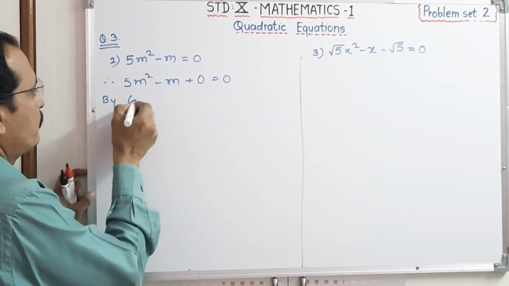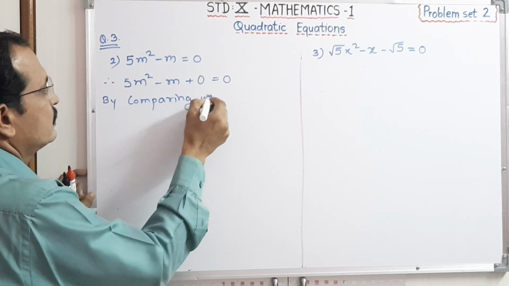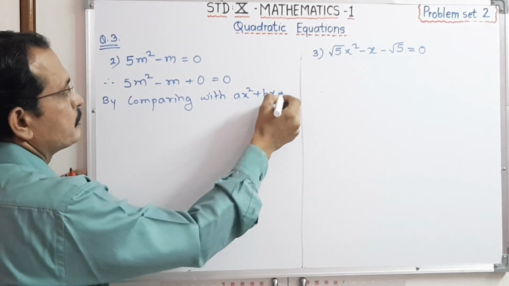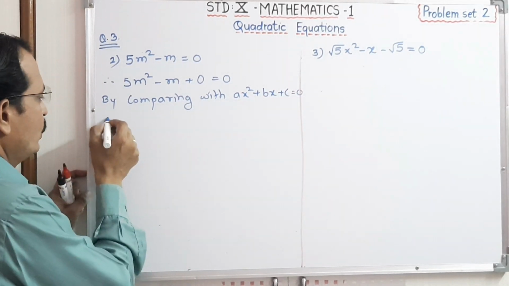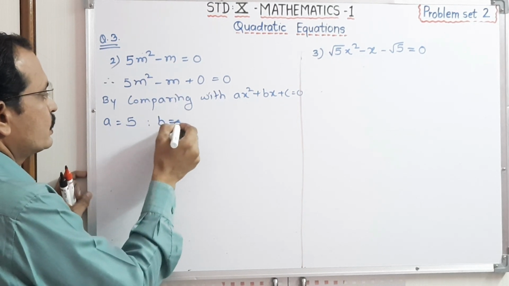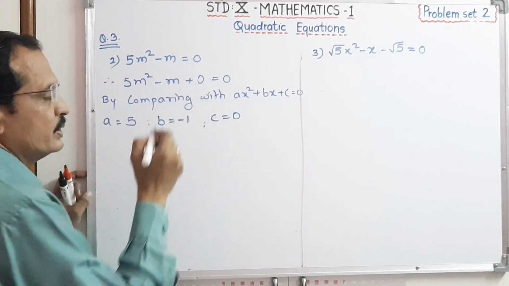Now, by comparing with ax square plus bx plus c equal to 0, we get a is equal to 5, b is equal to minus 1, and c is equal to 0.